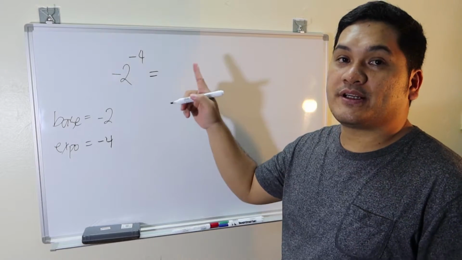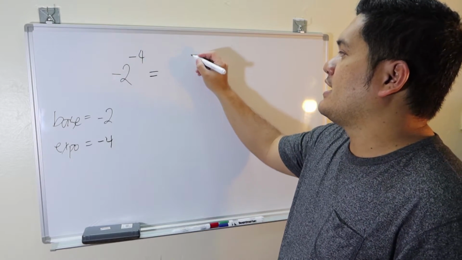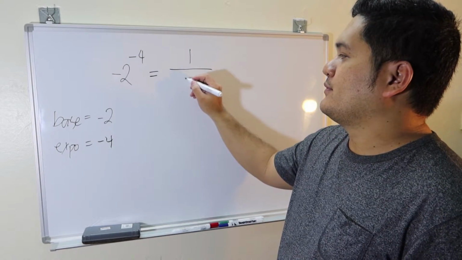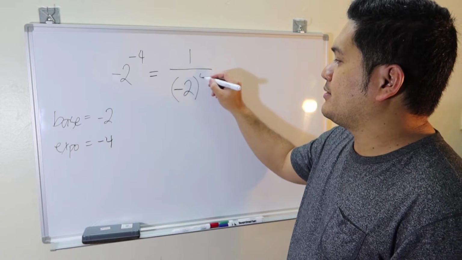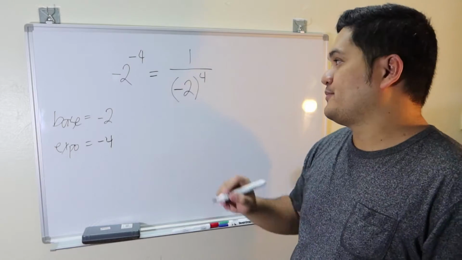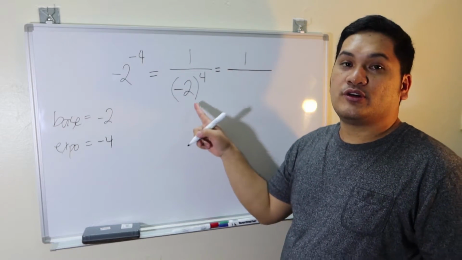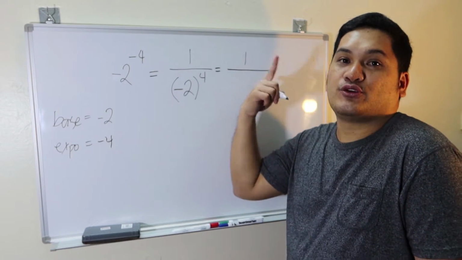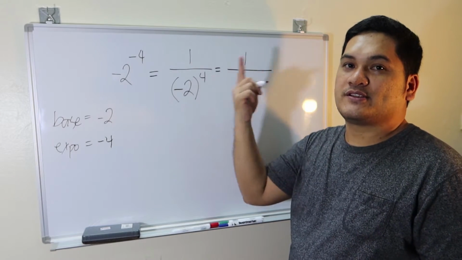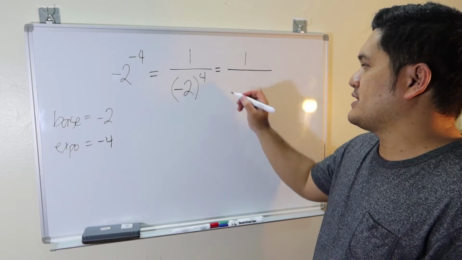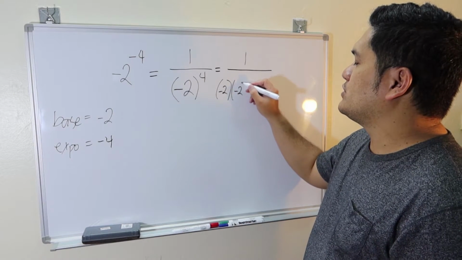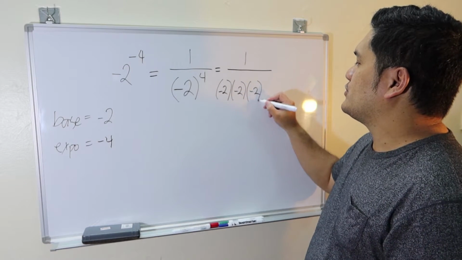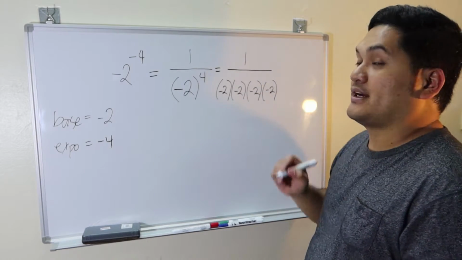So, ang gagawin mo, pag negative ang power mo is 1 over negative 2 raised to the power of 4. Okay. I-simplify mo itong negative 2 raised to the power of 4. So, what you're going to do is negative 2 times negative 2 times negative 2 times negative 2.